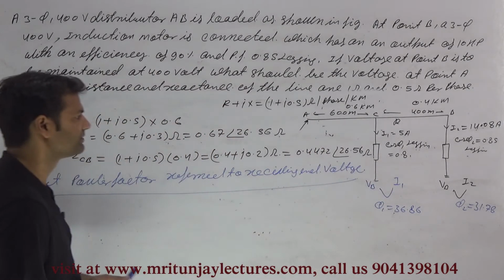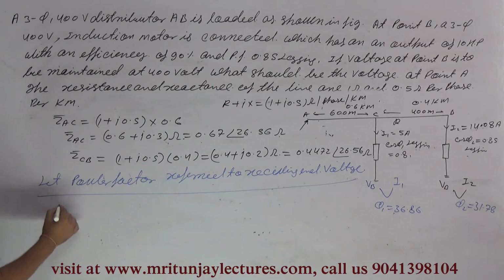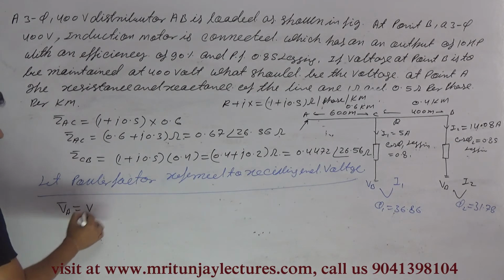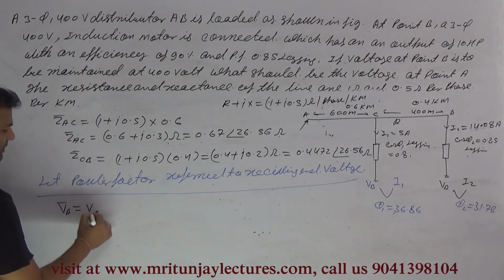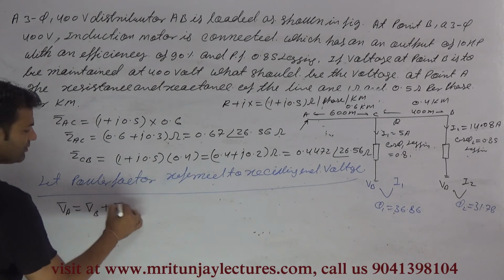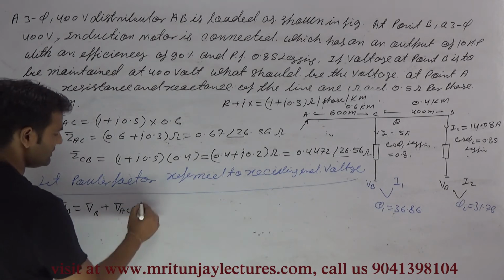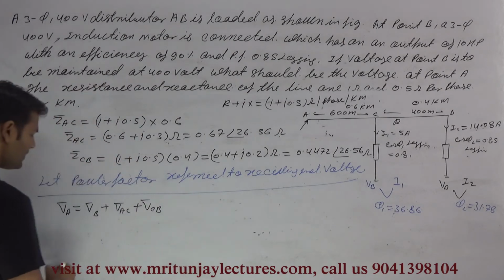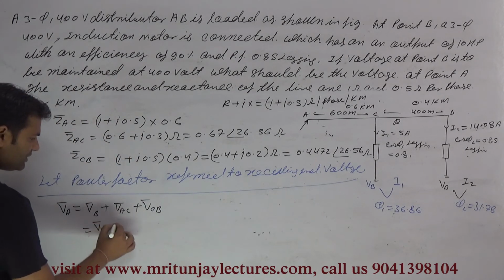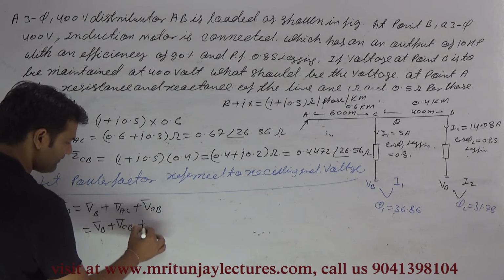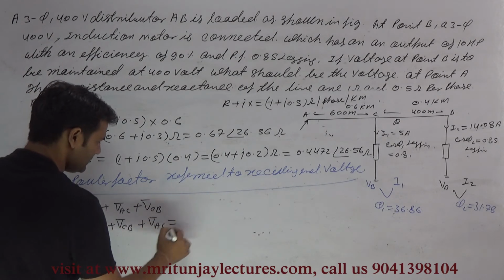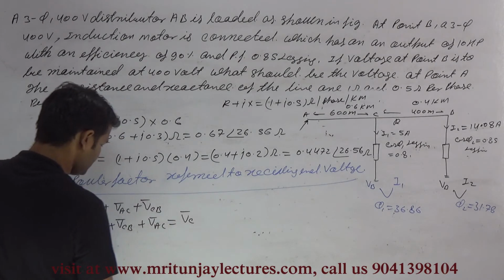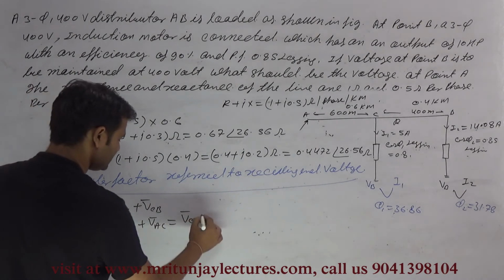Now the next target is VA. VA is equal to VB plus V of AC plus V of CB. So first of all, our target is VB plus V of CB, that is VC.